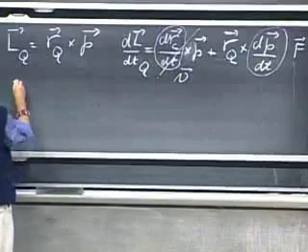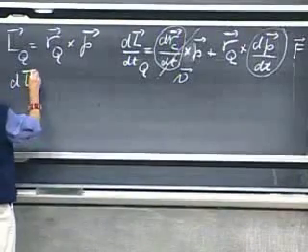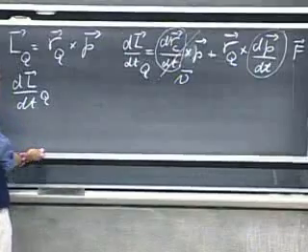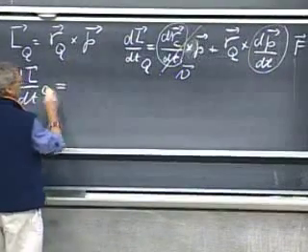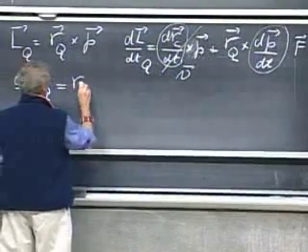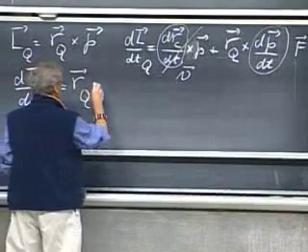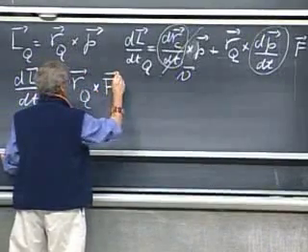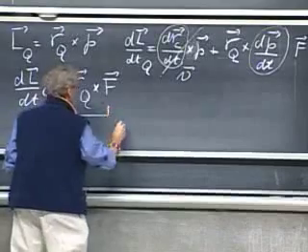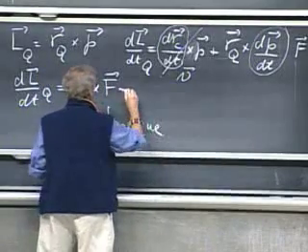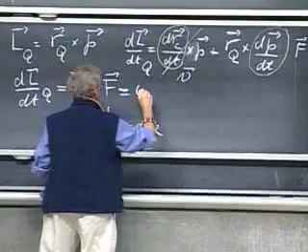And so now we have that dL/dt relative to a point Q equals the position vector r from that point cross F. And this now is what we call torque, and we write for that the symbol tau.